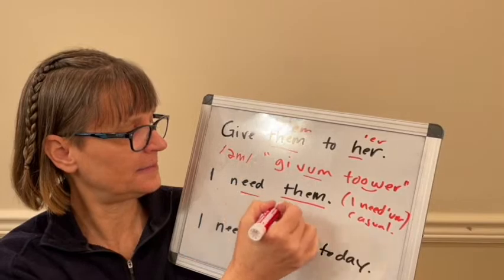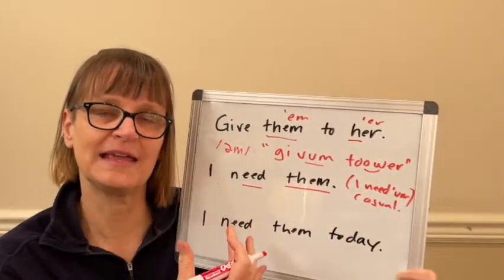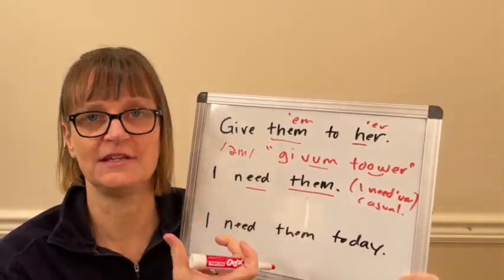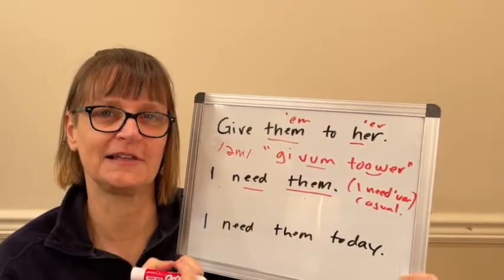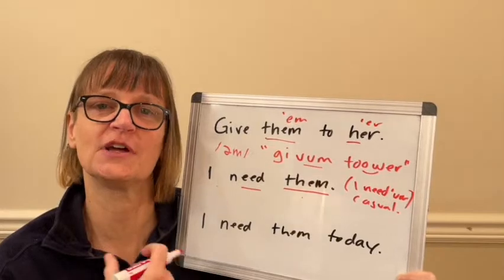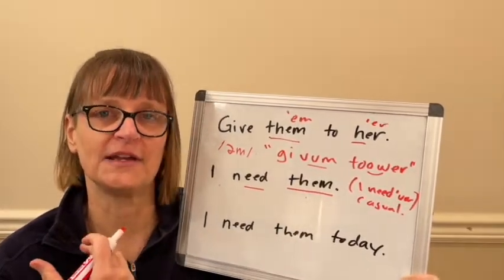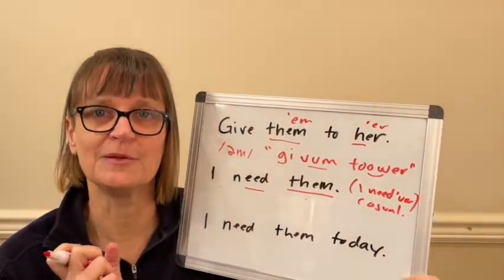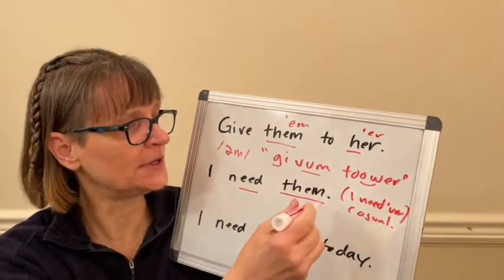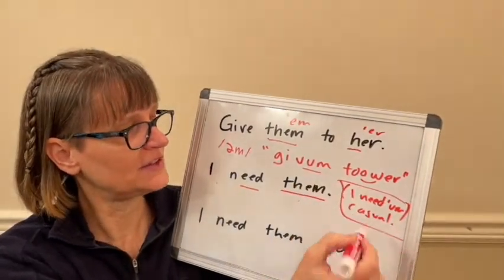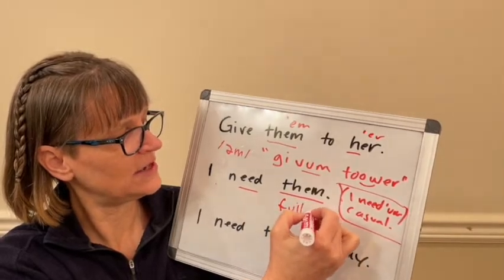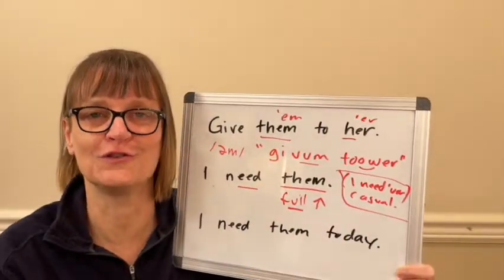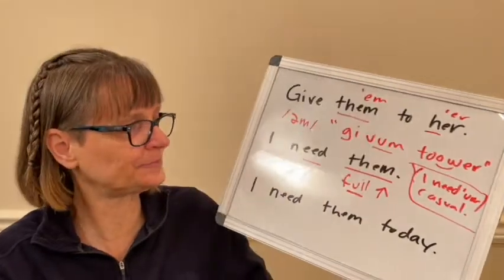Or "need" may get the stress, because need is the verb, but because "them" is the last word, I'm a little less likely to reduce it in everyday speech. Saying "I need 'em" is a little more relaxed. You can definitely say that as a native speaker, but when "them" comes at the end, you may want to use the full version of the word: "I need them."